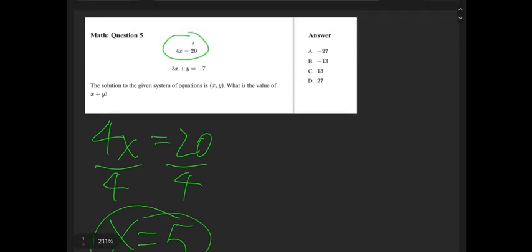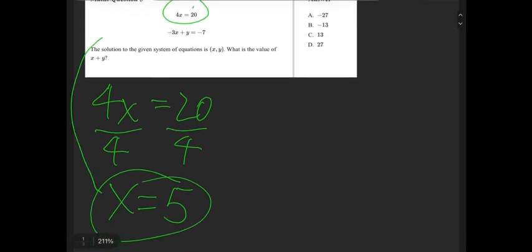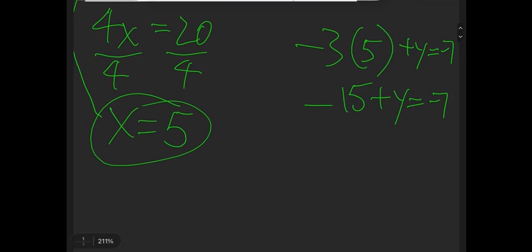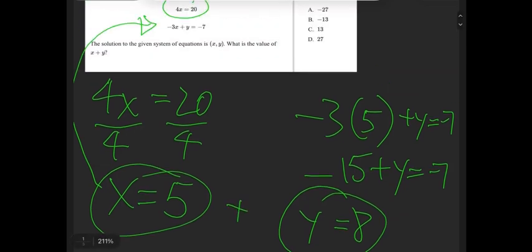Good, we're already halfway there. Now substitute x equals 5 back into the second equation. Adding 15 on both sides would give us y equals 8. Now we're going to add them both and get 13, which would give us C.